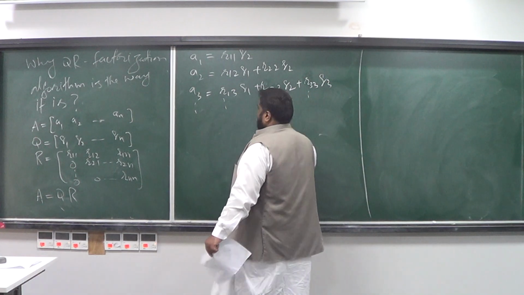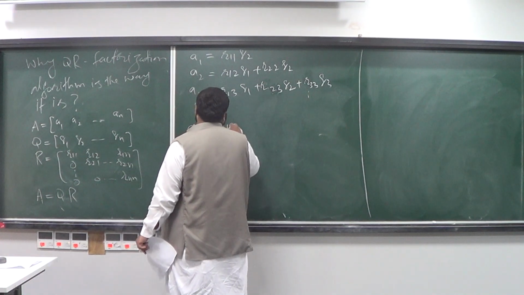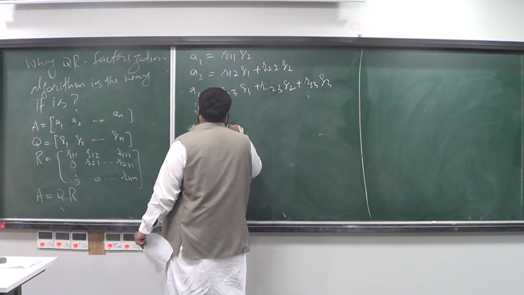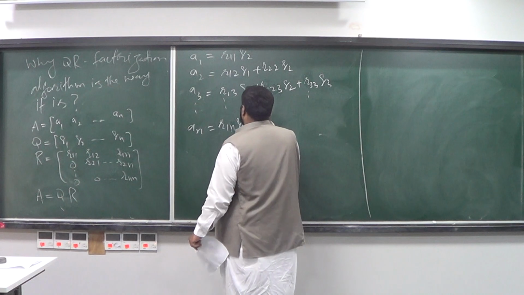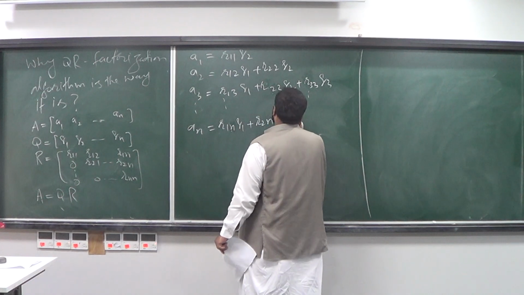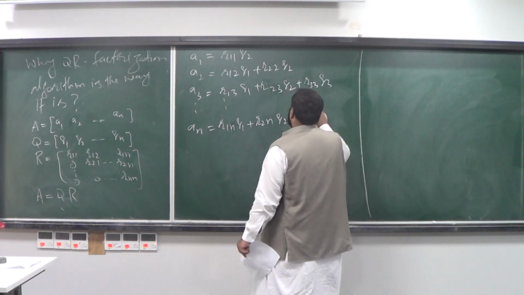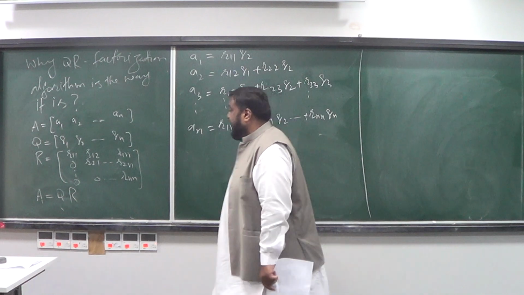This is what it is going to be. Finally, An is going to be R1n Q1 plus R2n Q2 and so on and so forth, Rnn Qn.